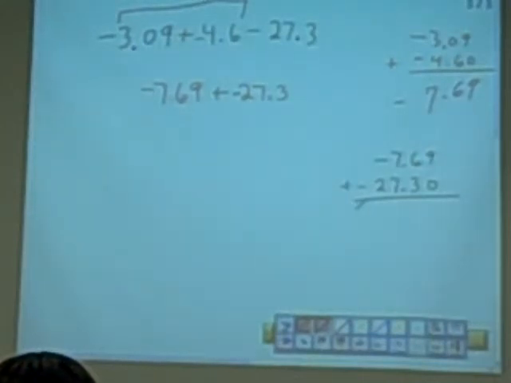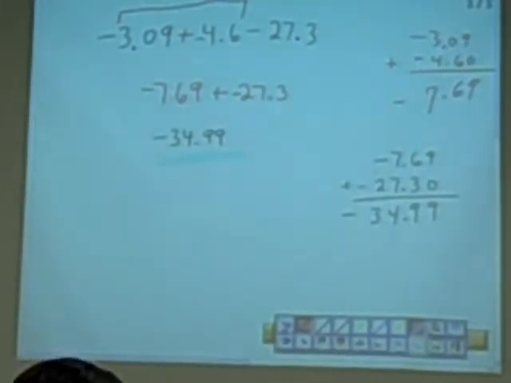Our answer is going to be a positive or a negative? Negative, good. And we add, right. So that'd be 9 plus 0 is 9, 6 plus 3 is 9, 7 plus 7 is 14, carry the 1, 3. Okay, so we get a negative 34.99. Okay? Any questions?